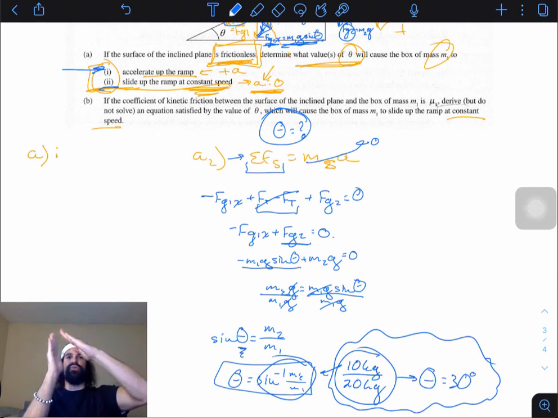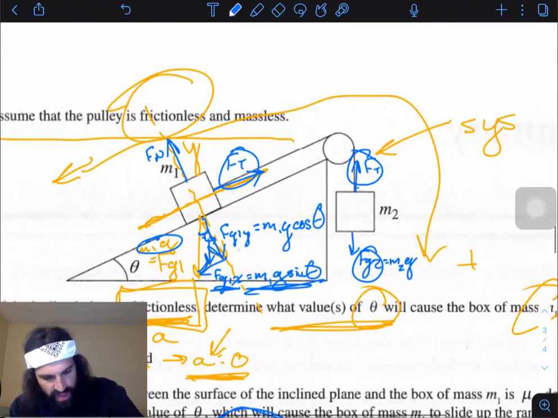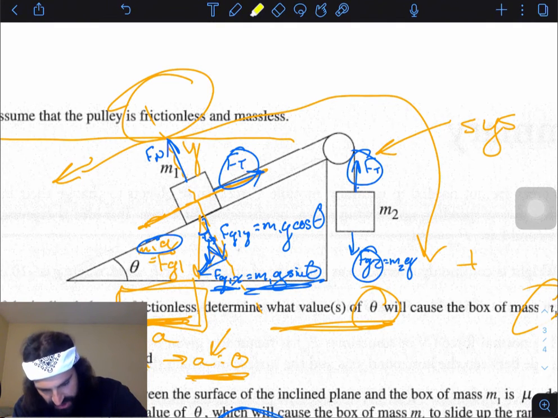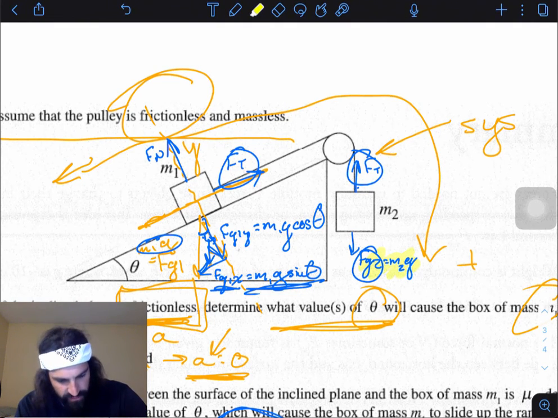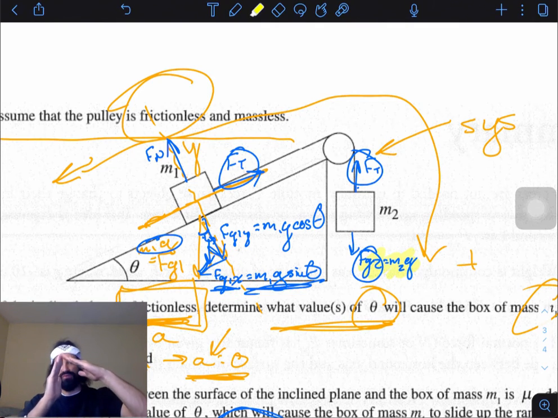So if this is a 30-degree angle that keeps it perfectly balanced, if you make it flatter, what's going to happen? Well, weight 2 is not going to change, right? Fg2 doesn't change. But Fg1x gets smaller. So as this gets flatter, less of the weight is pointed down the slope.